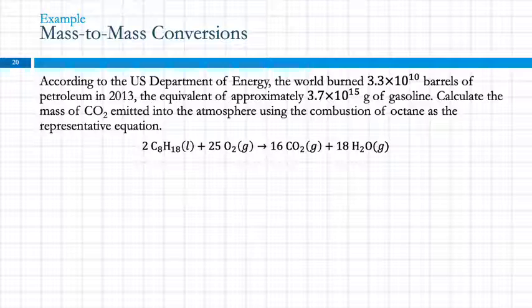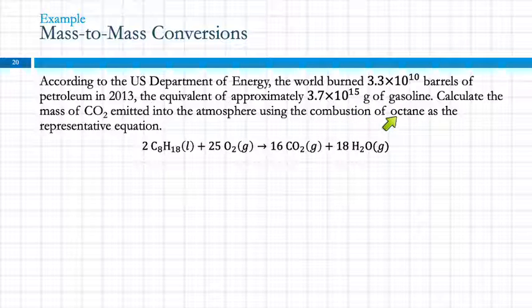So we've got our balanced chemical equation, and I like to use that to organize the information. Because again, these are dimensional analysis problems, and so we have to figure out what am I given, where am I starting, and where am I trying to go. So this one is more of a story problem, and so the barrels of petroleum, that's sort of background info. This is the mass that we're starting, and it says mass of gasoline, but we're going to pretend that it's octane.